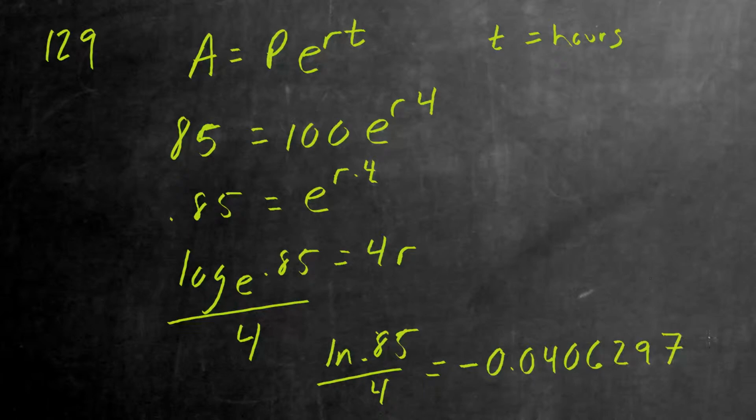0.0406297. Now I would press my store button to use that again. So I always store it as like alpha A, so then I can reuse it later without having to estimate. And then we want to go and solve our problem for T for 50%.